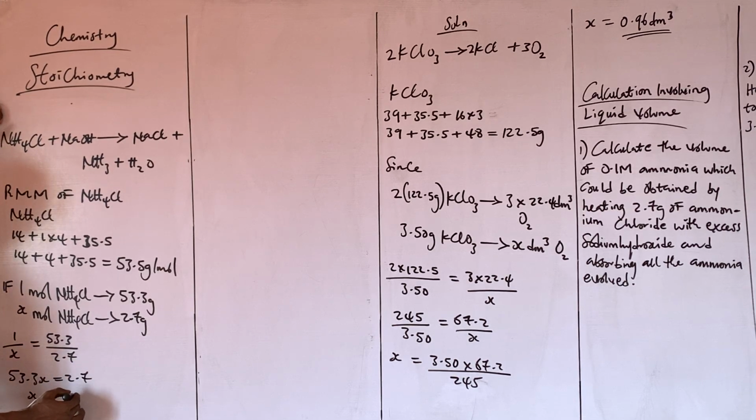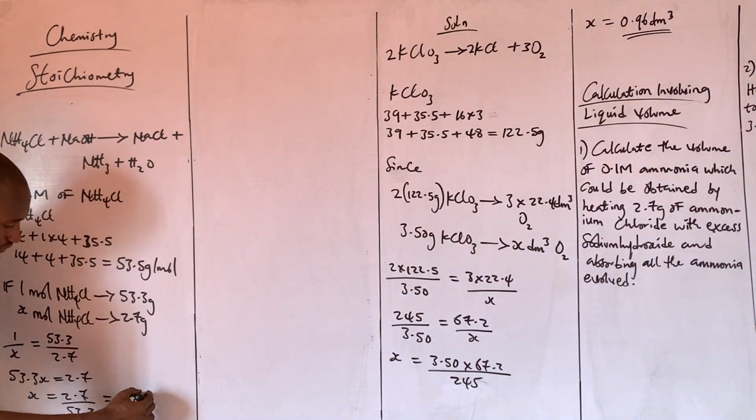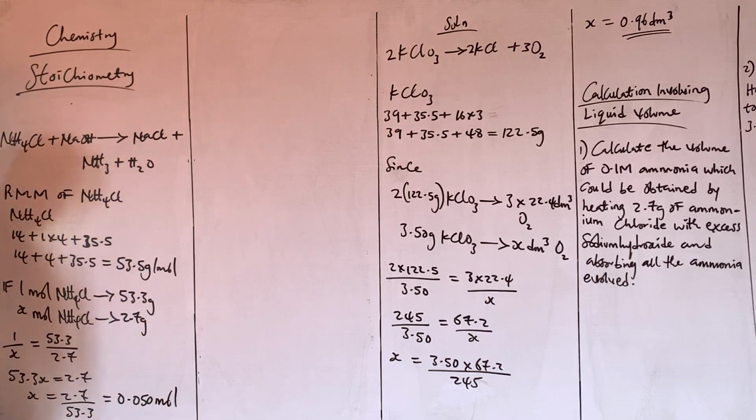So x is equal to 2.7 over 53.5. So what do we have here? That is 0.05 mole. Do you get? 0.05 mole is what we obtained here. Now, look at the question again. Everybody read.